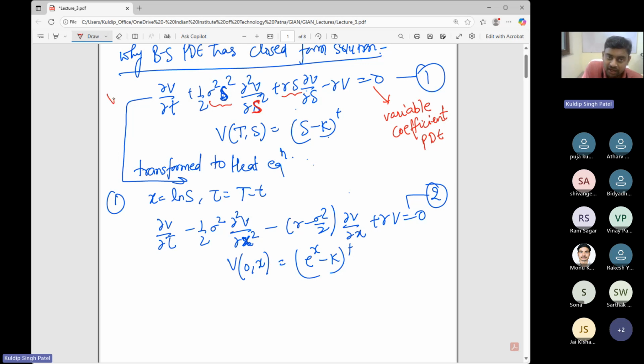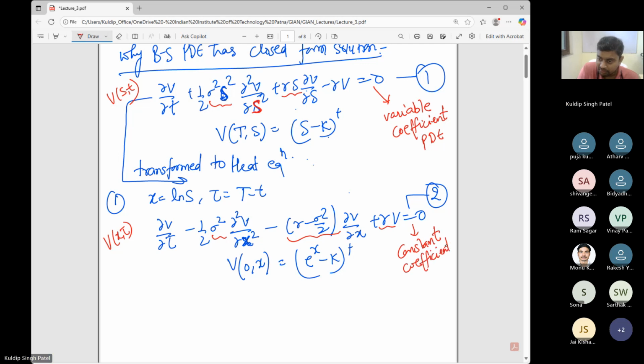V is depending on S and T. Here V is depending on x and tau, but there is no x, there is no tau in the coefficients. So this equation is a constant coefficient PDE.